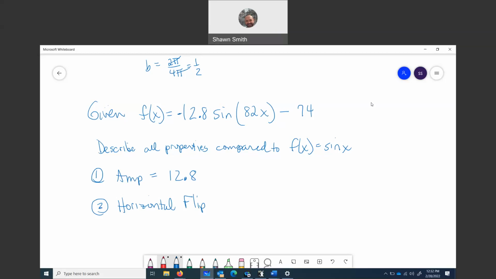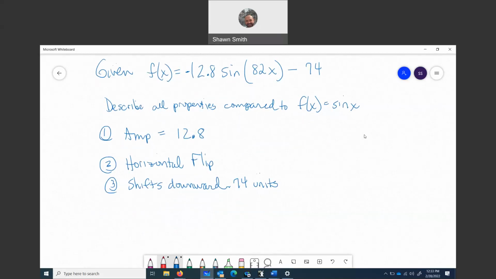Not along the x-axis because it shifts downward 74 units. And the last thing I can say is the period is now 2 pi over 82 and reduces to pi over 41, right?